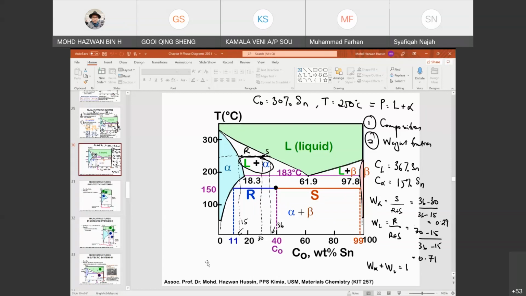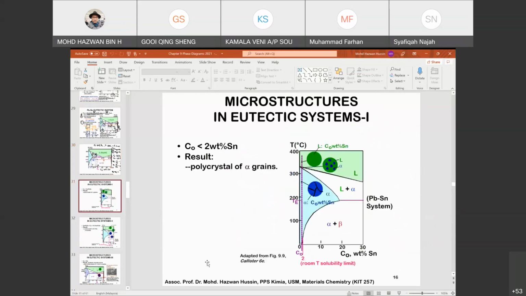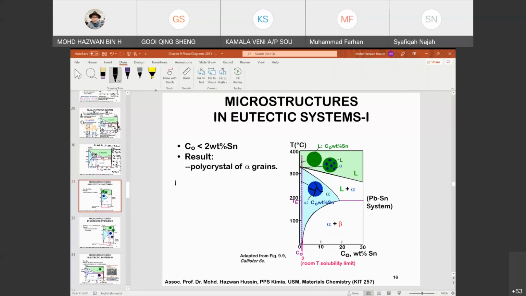Apart from the volume fractions, we also looked into the microstructure of a eutectic system, and I also gave you some homework on this. In microstructures in a eutectic system, there are a few regions we need to understand. The first region is from 0 to 2% of tin.